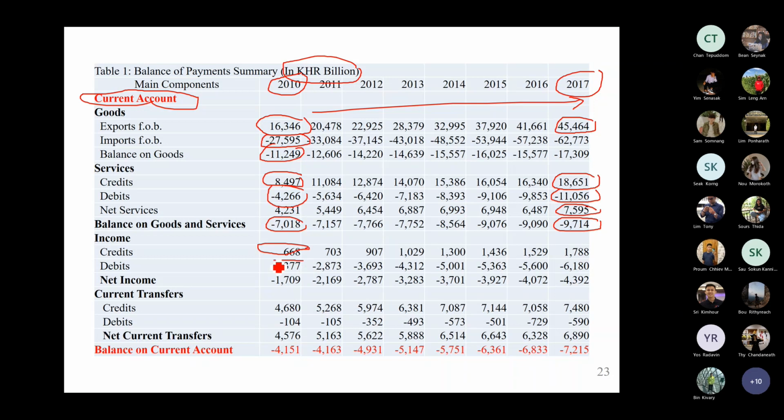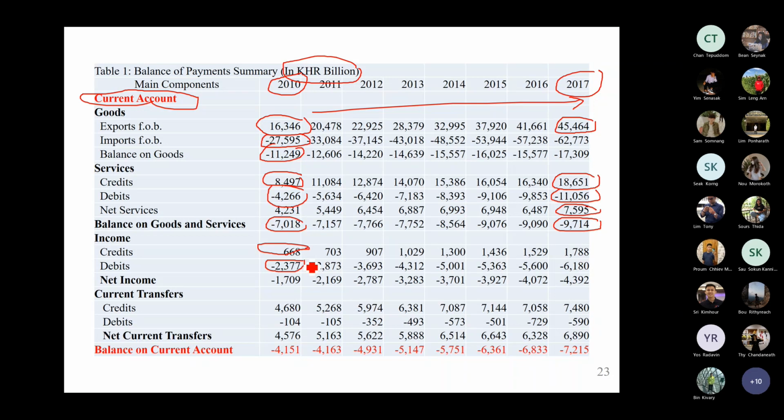However, the income that is going out, perhaps we pay salary to foreign workers, or the profit that is being transferred out by Chinese or foreign companies in our country, amounts to about 2.3 trillion in the year 2010.